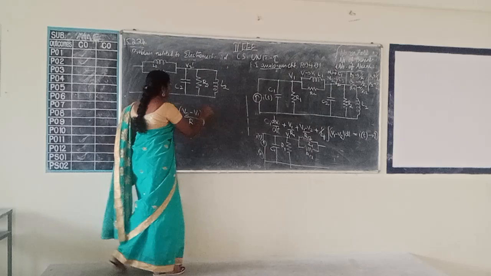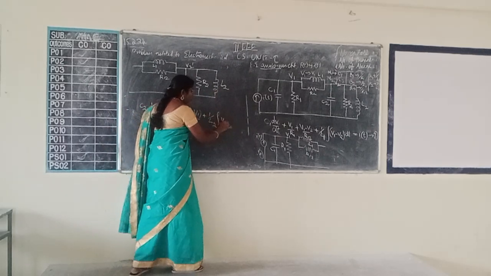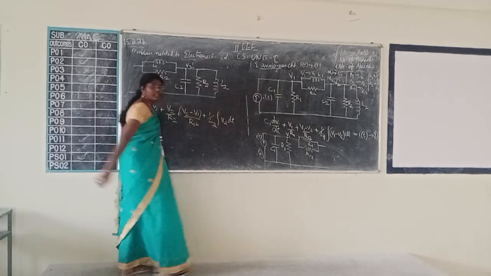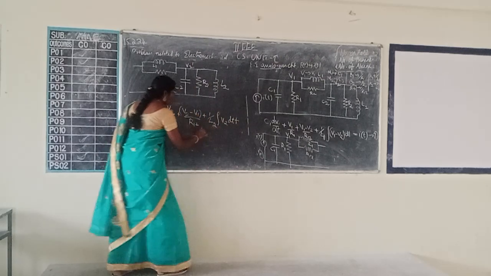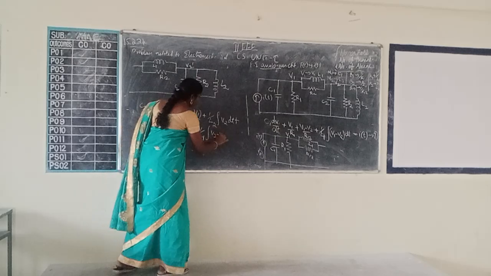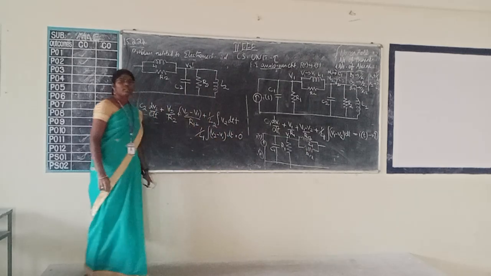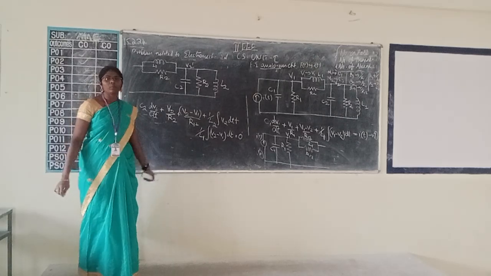And next the integrals: 1 by L2 integral of V2 dt plus 1 by L1 integral of V2 minus V1 dt, is equal to 0. That's it.